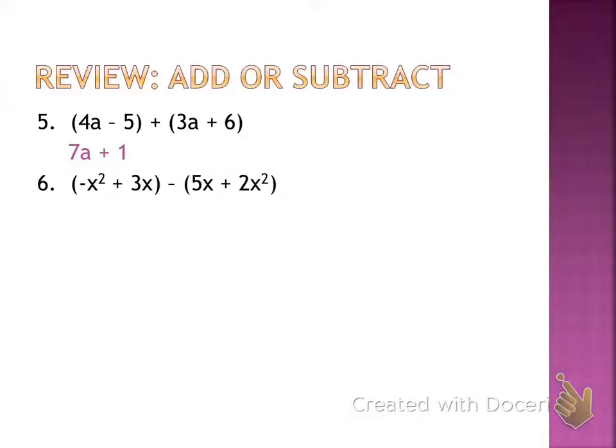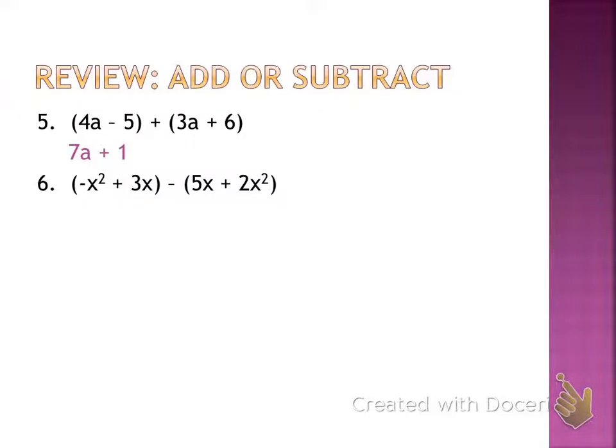All right, here's one where we subtract the polynomials. How do you subtract a polynomial? What do I have to do first? Before you combine any like terms, you need to distribute the minus. So this is actually going to be minus 5x minus 2x squared.